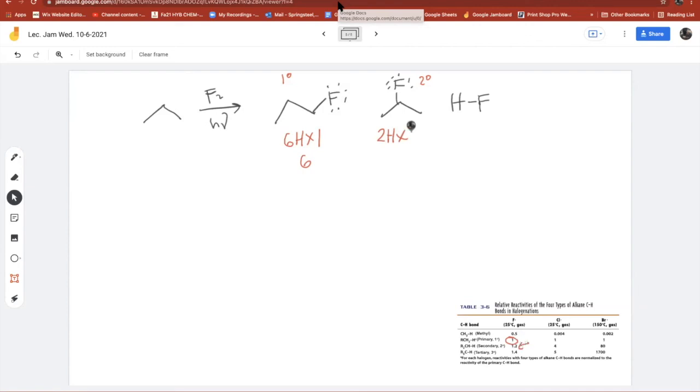So it's 2 times 1.2, which is 2.4. That's the relative rate of that one. So what's our major product? What are we making more of, the primary or the secondary? We're actually making more primary for this, but not a lot more.